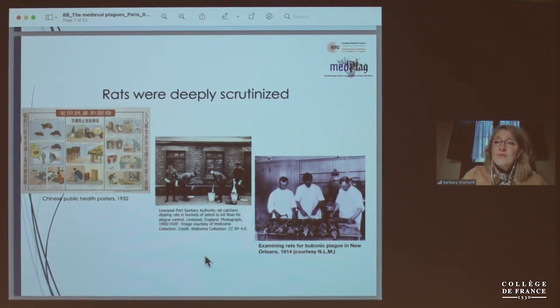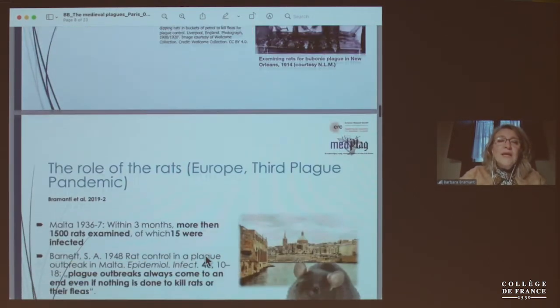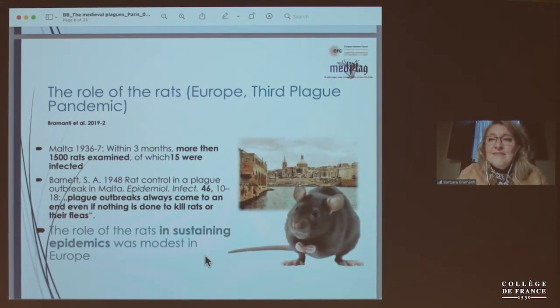Therefore, we have a lot of information. We have also considered some narratives, some medical reports from the period, and we have a lot of data about the rats.